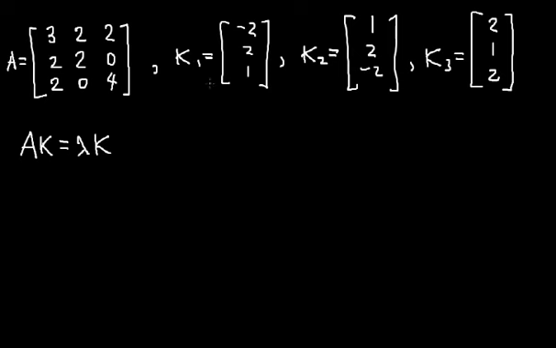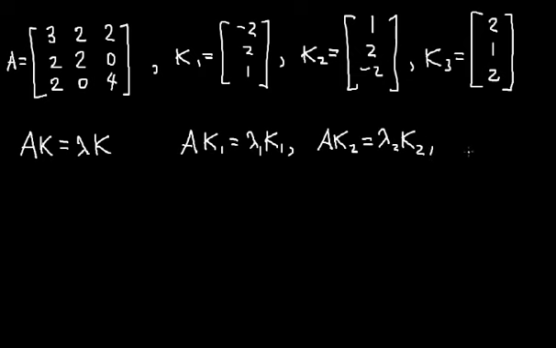So to verify that each of these are eigenvectors, what we need to do is to set up an equation like this, and we need to be able to find a lambda that fulfills this equation for each of them. So there will be three equations where we need to solve in each case for lambda.